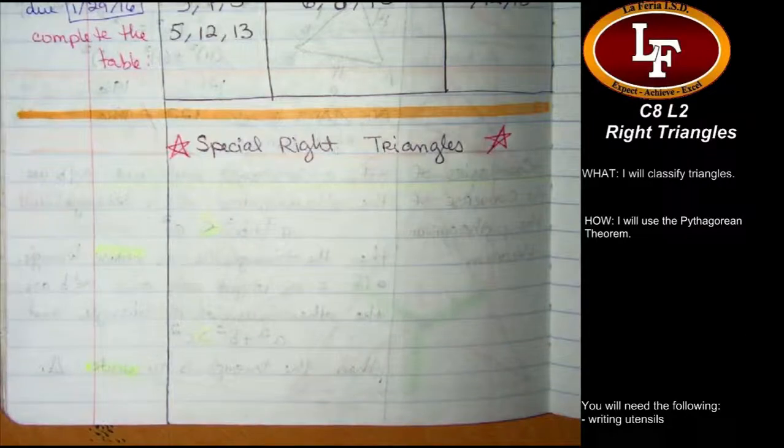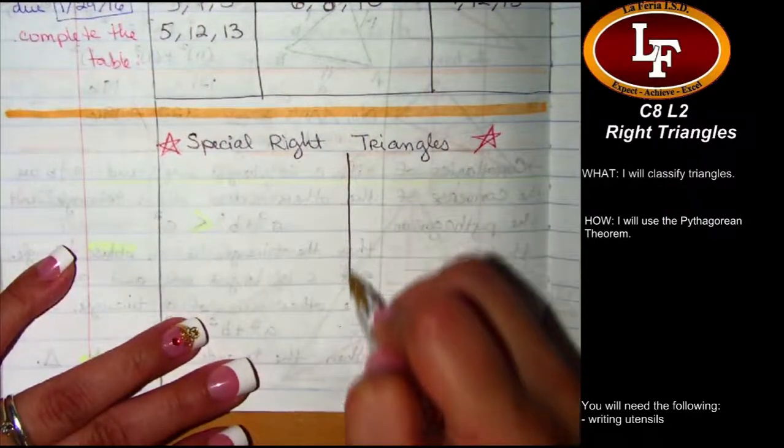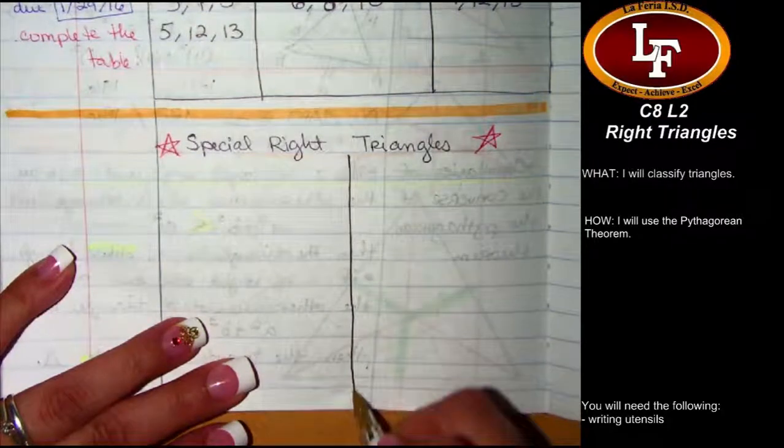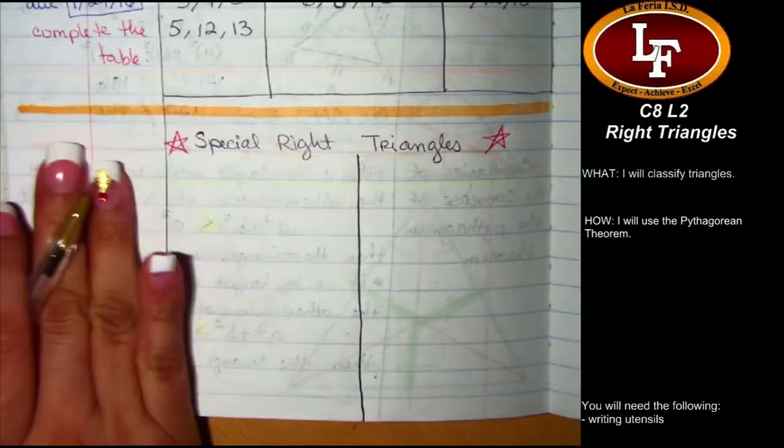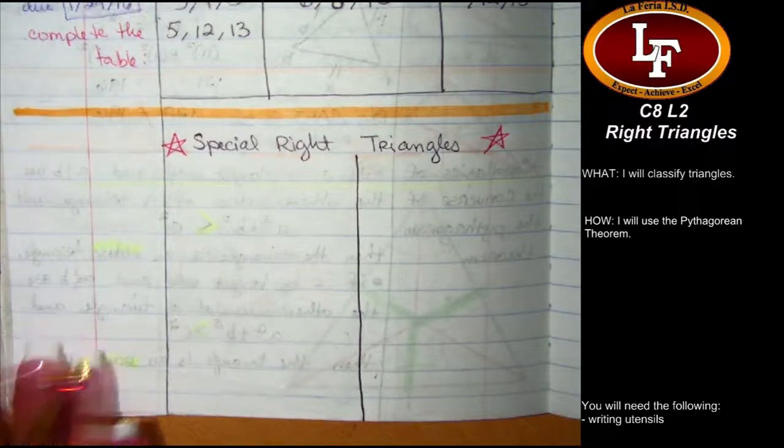I have 2 kinds, so I'm going to split my working space down the middle, leaving you this entire left-hand side for scratch work or whatever you might need.